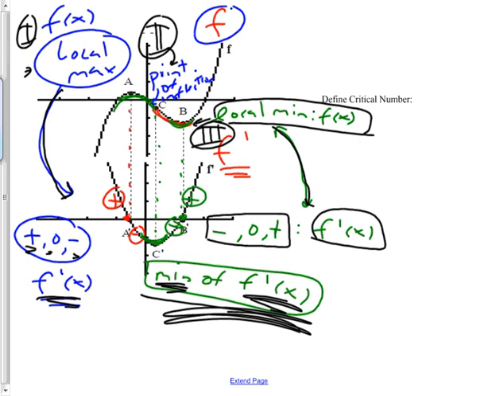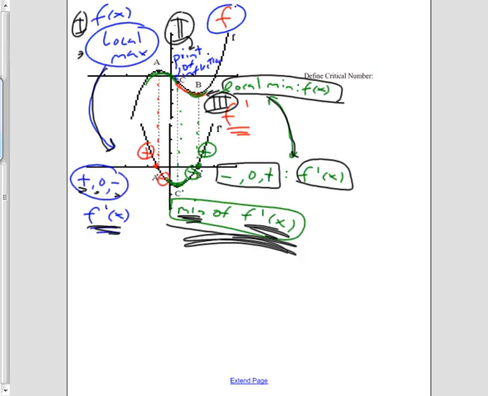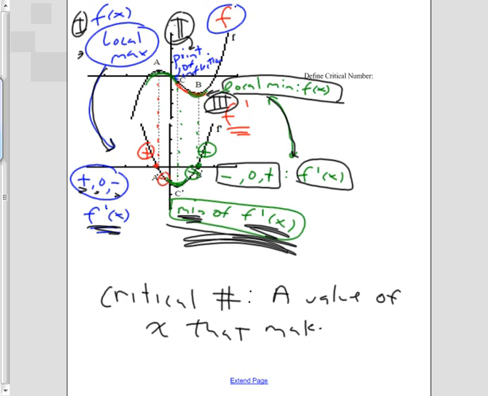And we need to define something that we've been really using so far, but we haven't given it a formal name, which is critical number. A critical number is a value of x that makes f prime of x 0 or undefined.